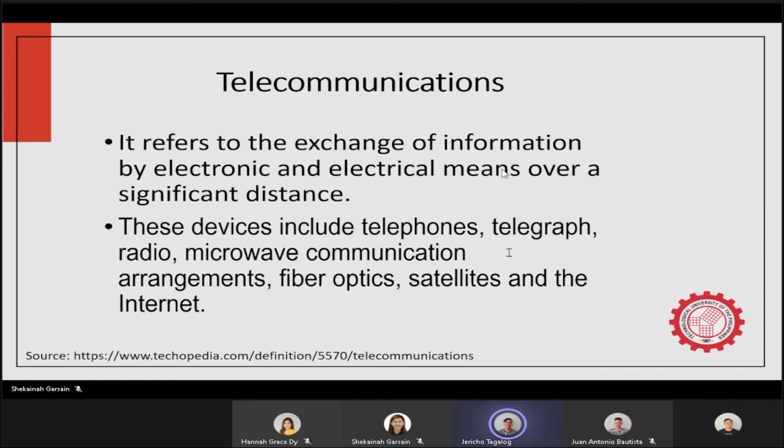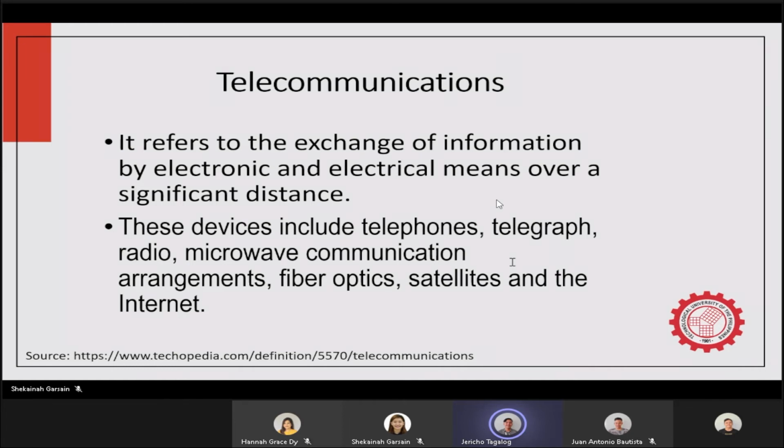Sa telecommunication naman, so tinatawag na telecommunication yung way of exchanging information wired or wirelessly. So may iba-ibang klaseng way para makapag-send ng information or iba-ibang means. So una daw yung paggamit ng telephone lines. So saan natin ginagamit yung telephone calls.